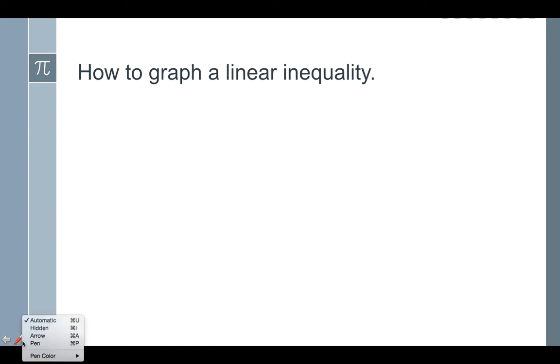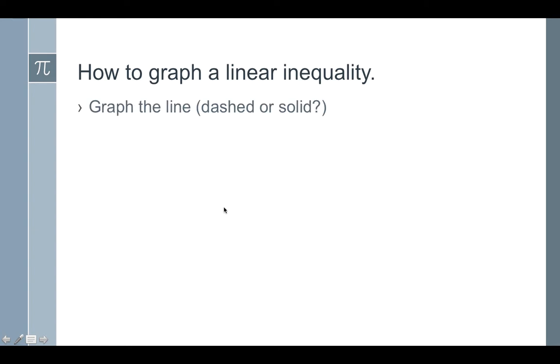Let's just figure out how to graph a linear inequality. First of all, you need to graph the line, and we obviously graph on graph paper. When you graph the line, you have to determine if the line is solid or dashed.